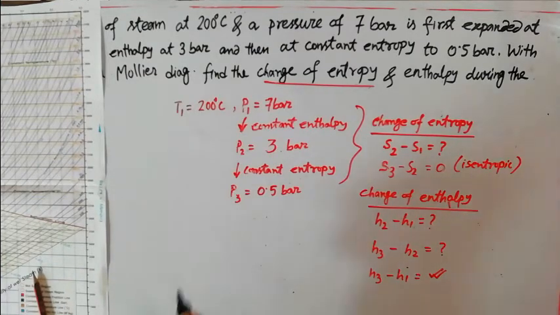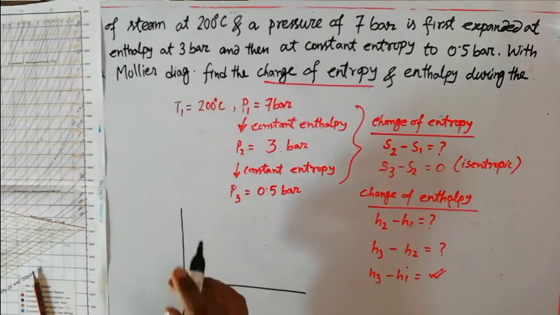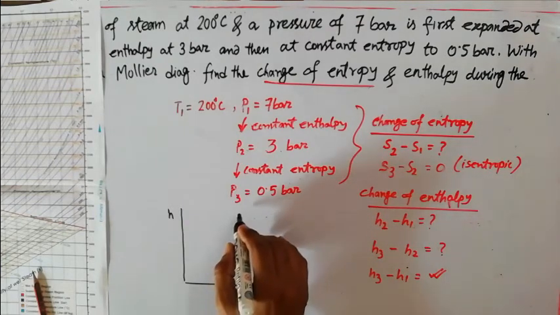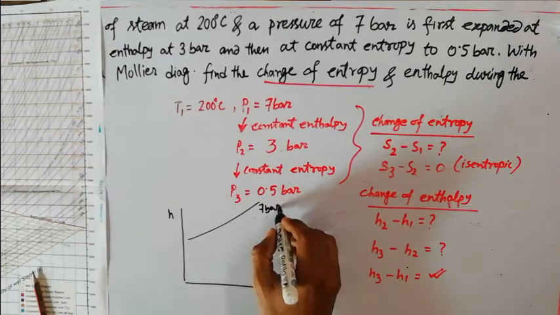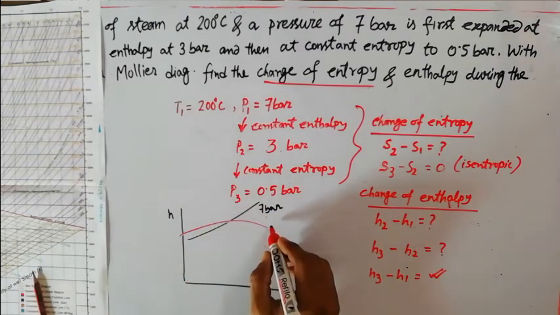If I show a sample over here, you don't have to do it on the problem, I am just trying to explain to you. That's why I am projecting the whole thing over here. Suppose this is our pressure line, 7 bar, and this is our temperature line, 200 degrees centigrade.